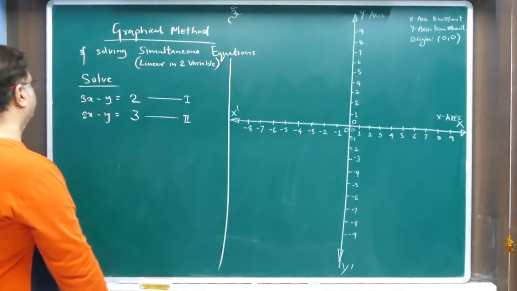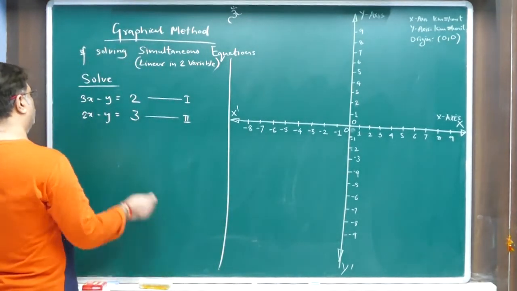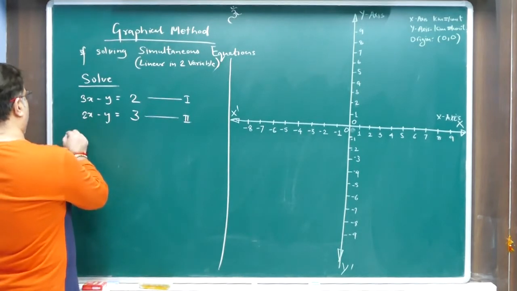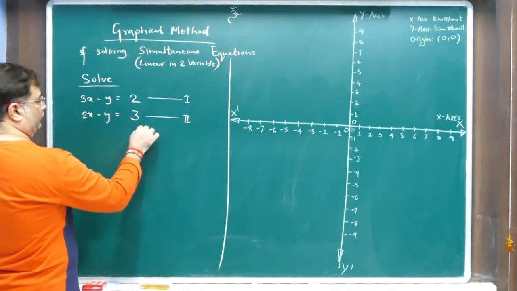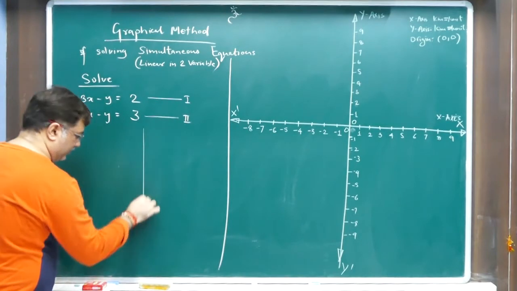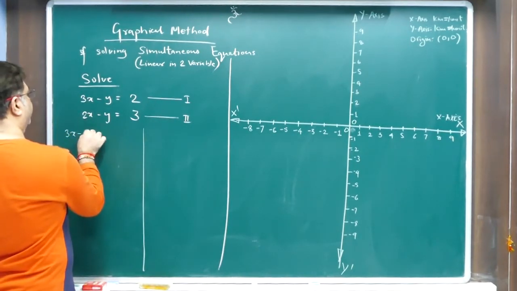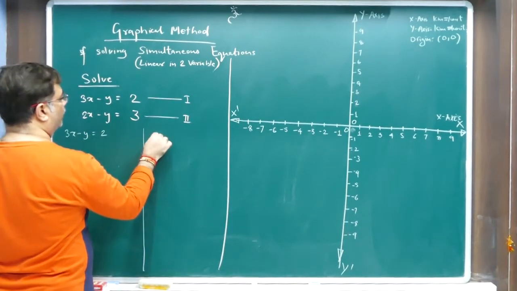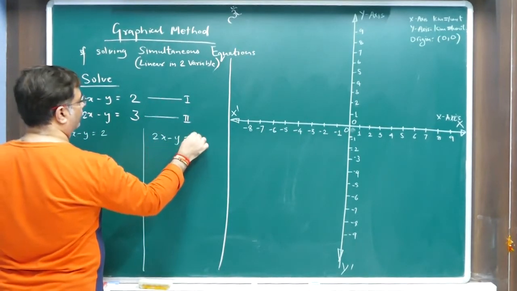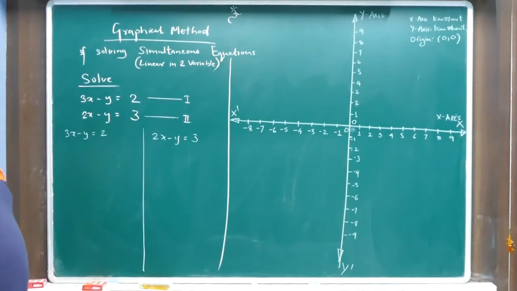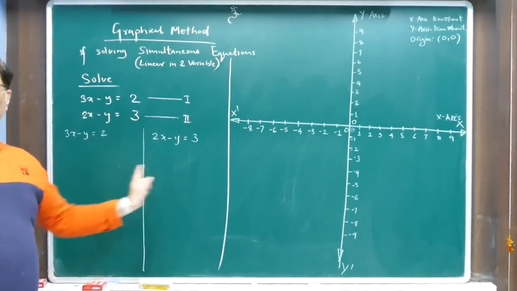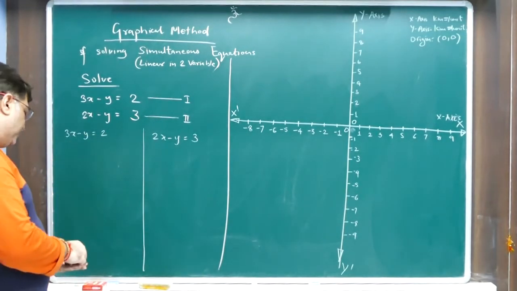Alright? Fine. Let's see. We will draw this line like this. Here we will take the first equation, 3x minus y is equal to 2. Here we take the second equation, which is 2x minus y equal to 3. We will divide it into two sides and then start our solution.